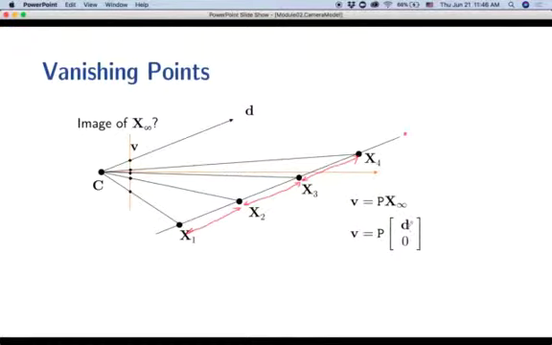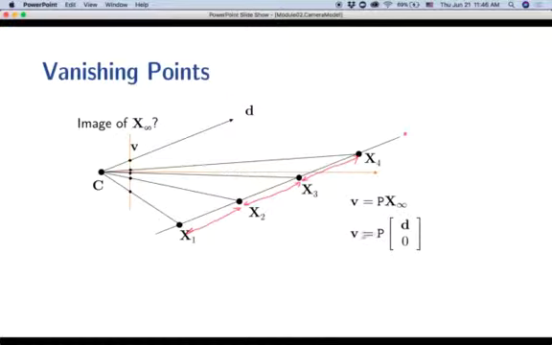We did the same thing when we were trying to find the principal point. We took the direction of the principal axis and just appended a 0 to that, because that throws me at infinity, and then I can image it with P. This is really the beauty of projective mathematics. You can do these operations very simply without resorting to limits and solving those limits.